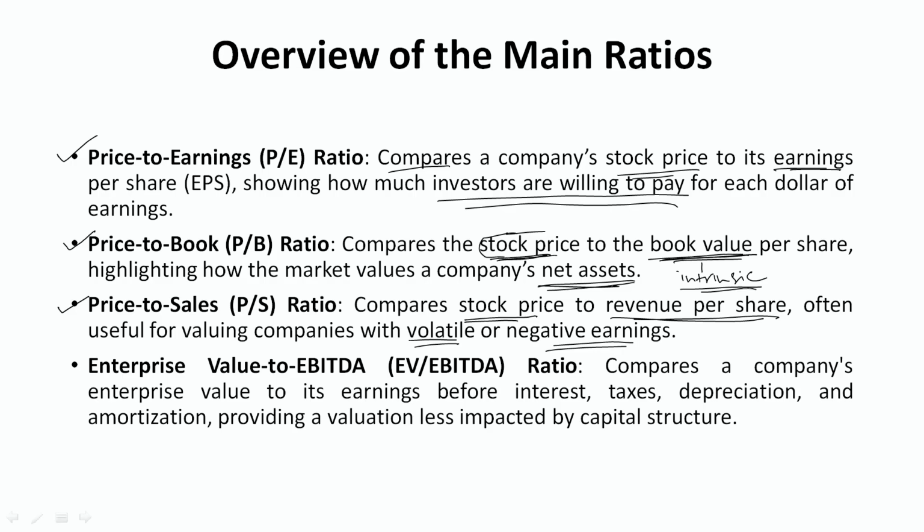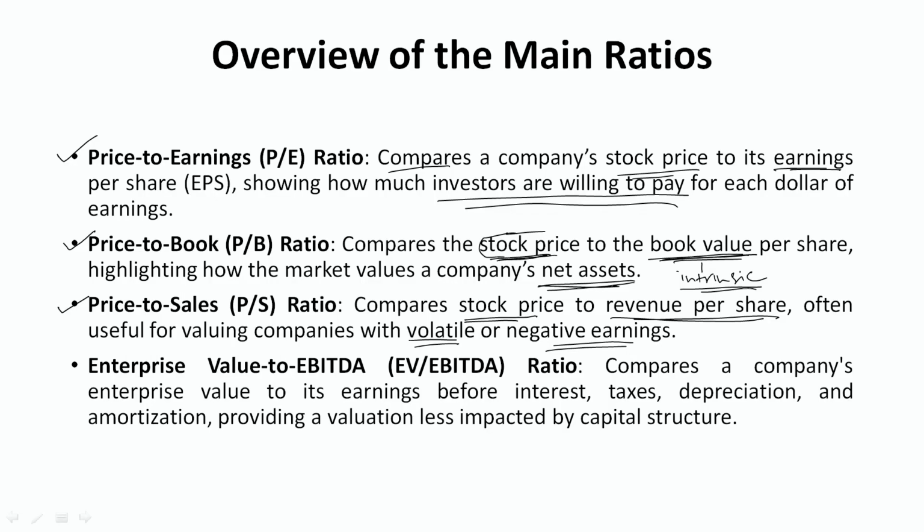So based on the revenue which the company is generating, the market price is determined. And this type of valuation is mostly found in companies which are highly volatile or which have negative growth potential or negative earning potential.